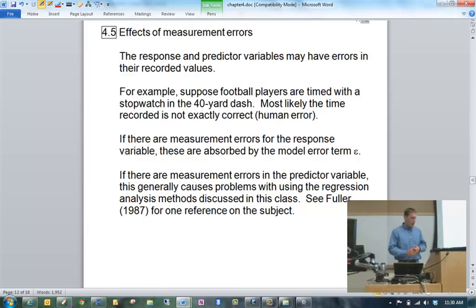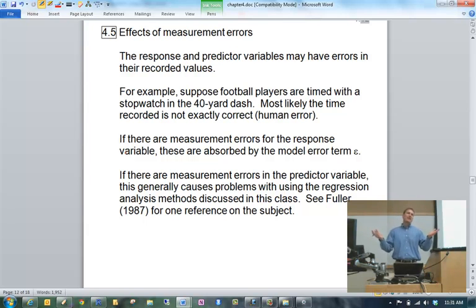Okay, section 4.5. Another section we are not going to do, so you're not responsible for this. But I do at least want to mention, because maybe when you do research or you come across it in other classes, this might pop up. And that is, there are cases where when you're measuring your X or your Y, taking your sample, you might not get the measurement right.